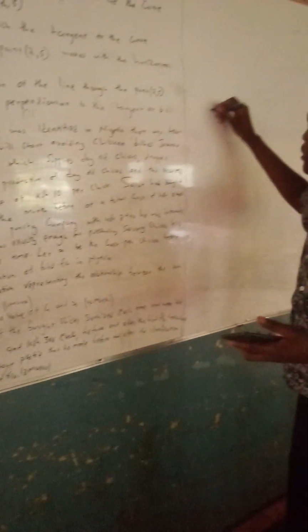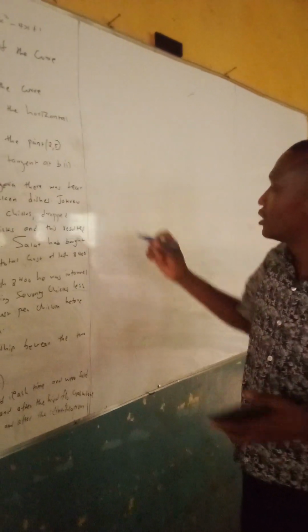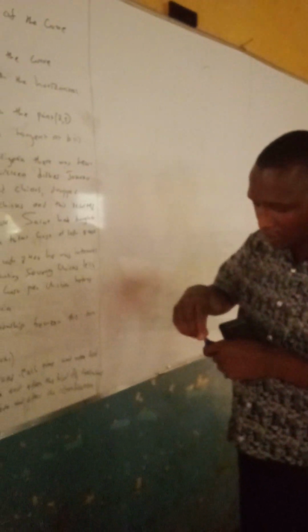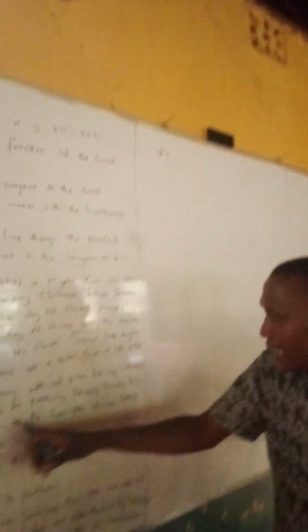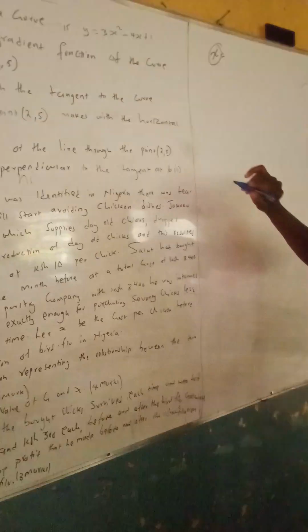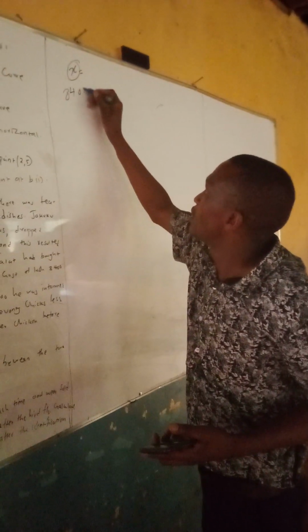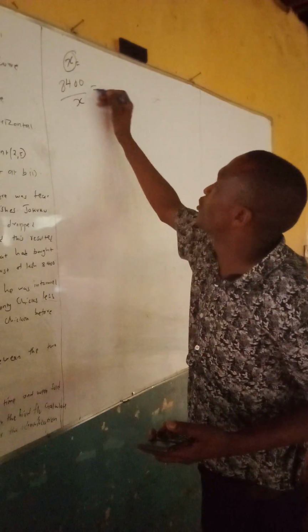If X was the cost per chick and you have 8,400, the number of chicks you are able to buy is 8,400 divided by X, which gives the total number C, the chicks Mr. Salad bought that time.